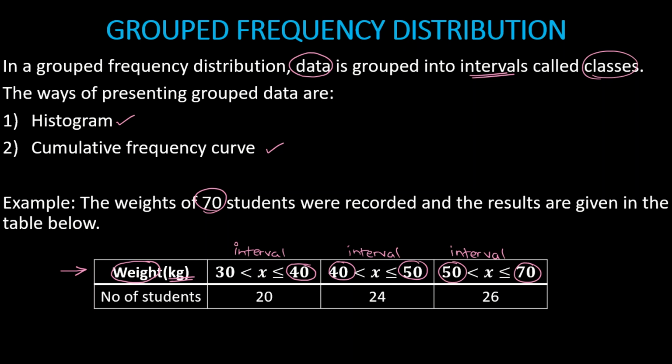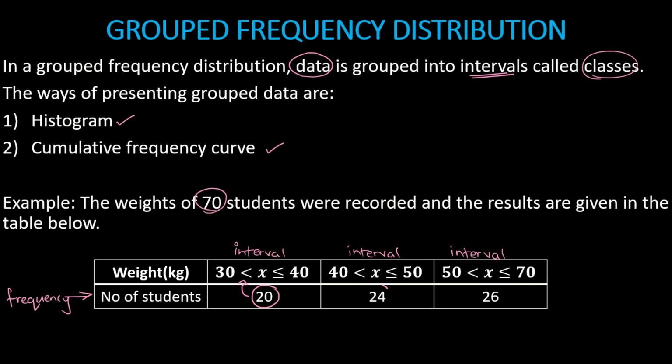And for each interval we are given the number of students, meaning the frequency, right? For the first interval 30 to 40 kilograms, we have 20 students whose weight are from 30 to 40 kilograms.